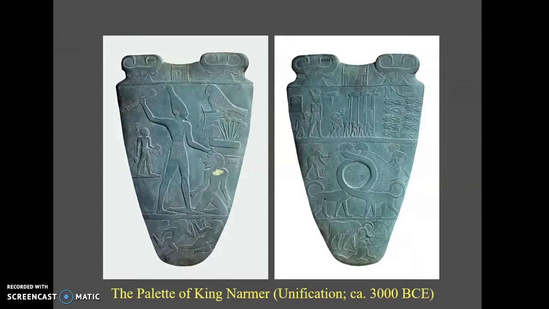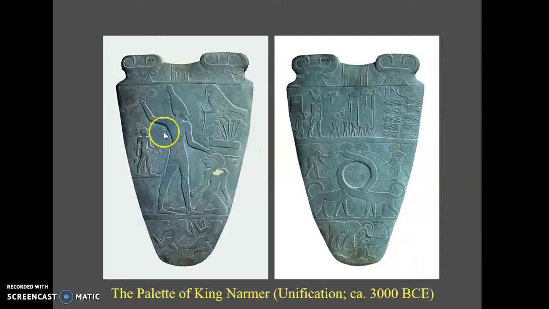And it is a two-sided object in sculpted shallow or low relief. So you can see it's very low relief, not particularly raised. It's about 2 feet in height. And it depicts this famous King Narmer, who through this palette brags that he's the great unifier of Upper and Lower Egypt into one huge empire.